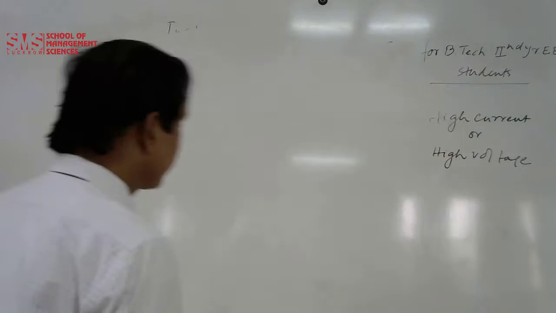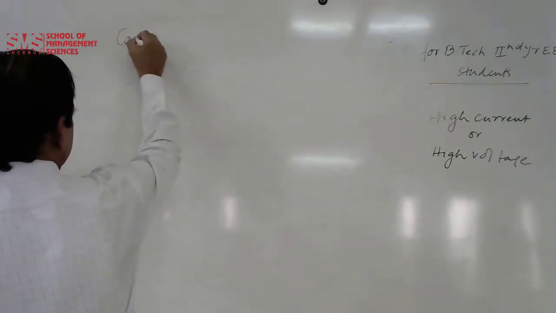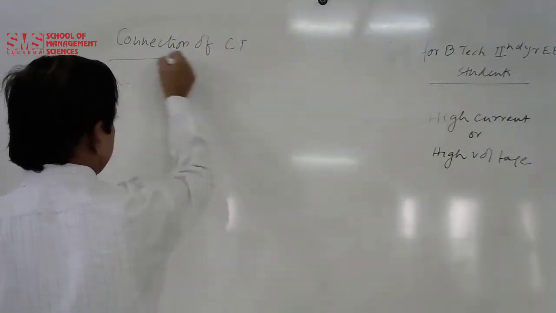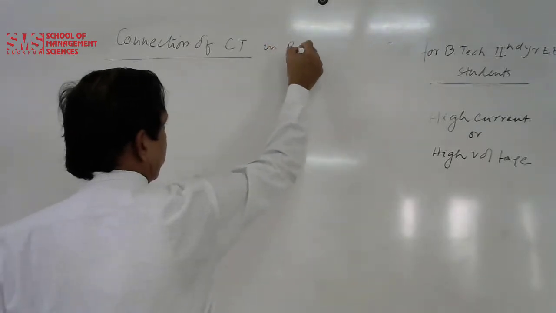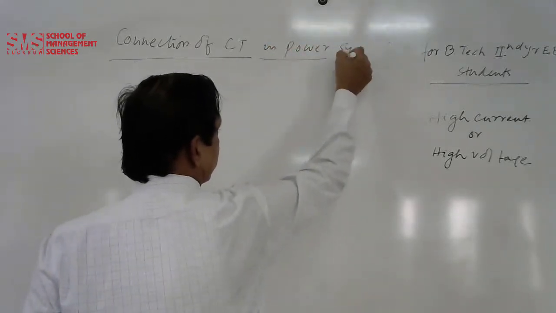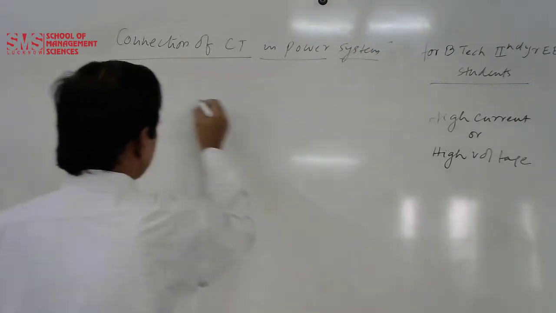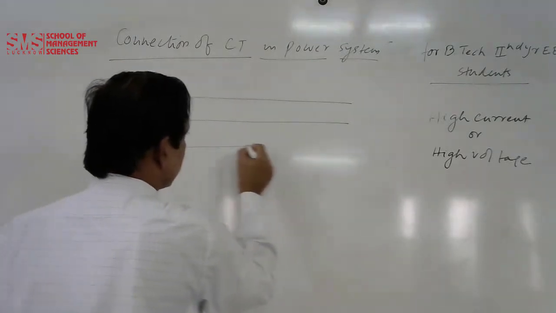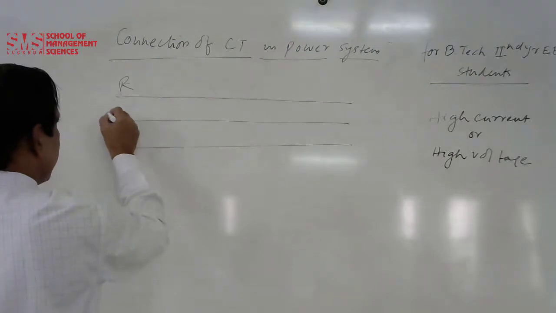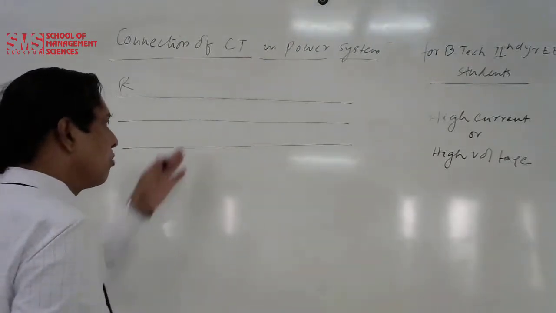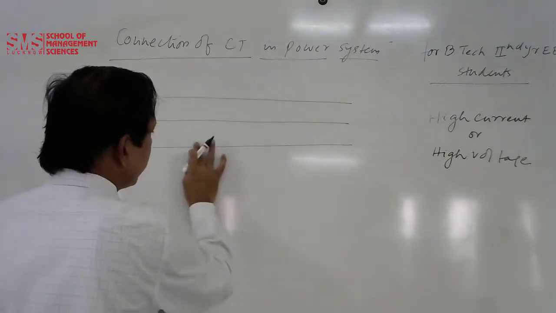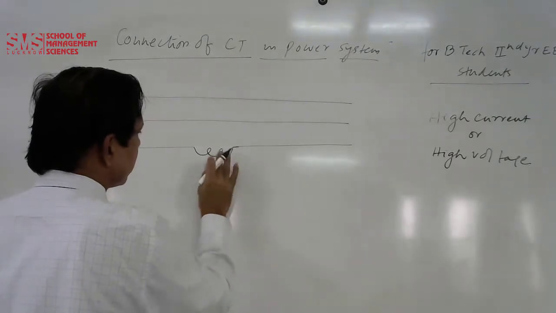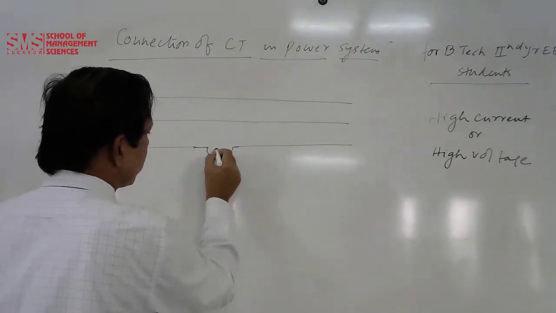So I'm here drawing the connection of the current transformer in a power system. In a power system, you have three phase lines here. The color codes are RYB. Out of the three power lines, the current transformer is connected here like this.